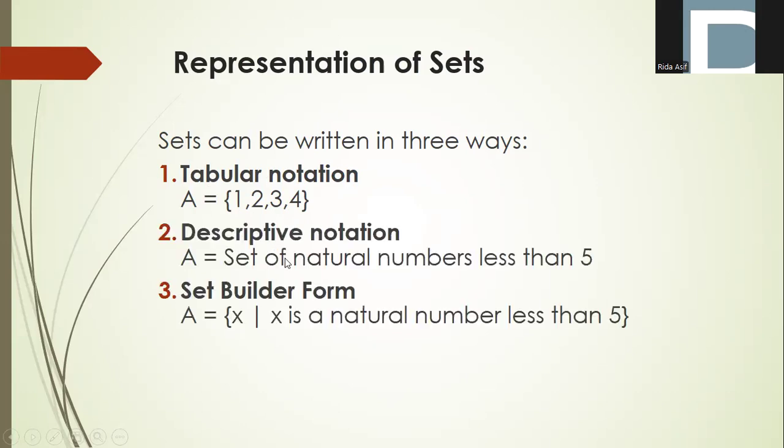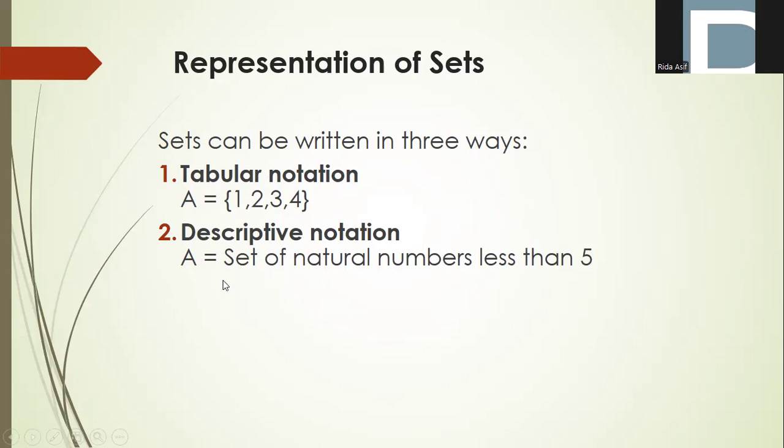Second is descriptive form. For example, if we describe this tabular form, we say that A is equal to the set of natural numbers less than 5, as we can see that the numbers start with 1. So in this way, we can describe this set. This is called the descriptive form of the set.